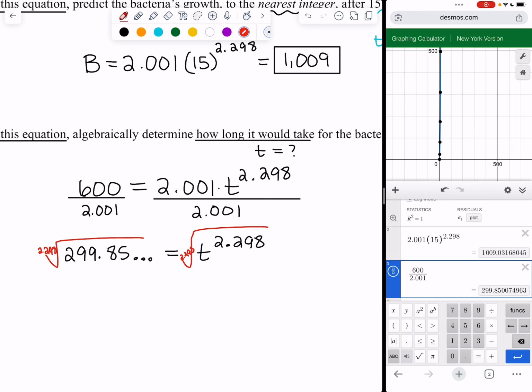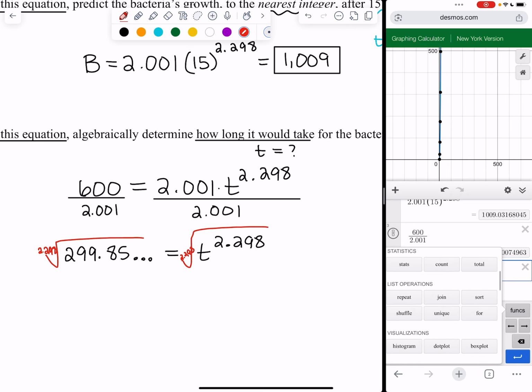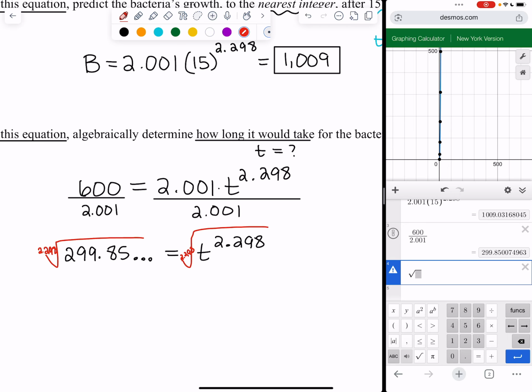So I'm going to go to my calculator, go to functions all the way to the bottom, get my nth root key, type in 2.298 inside here, and then you should be able to copy. You could probably do it on your Chromebook better than I can. I'm going to type this whole number in, 299.85007.